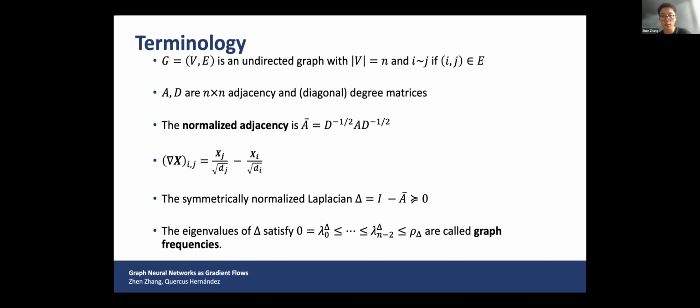GRAND typically only considers the unnormalized adjacency matrix, whereas in the GRAFF paper they also consider the normalized gradient, and for the Laplacian they consider the symmetrically normalized Laplacian compared to the unnormalized one in GRAND. They represent the eigenvalues of the Laplacian operator as lambda, and the largest eigenvalue, rho delta, is called the spectral radius, and all these eigenvalues are called graph frequencies.